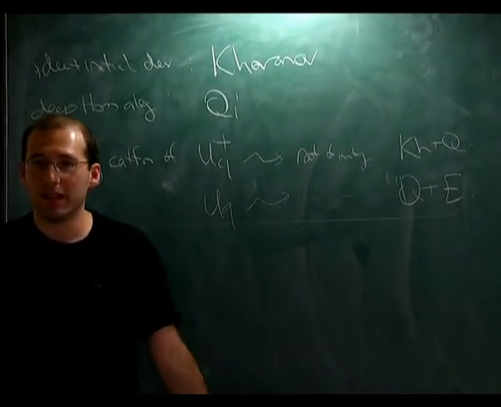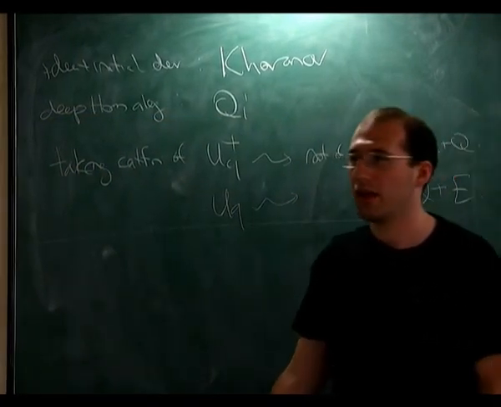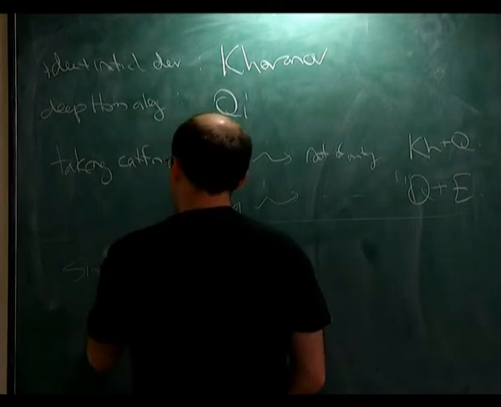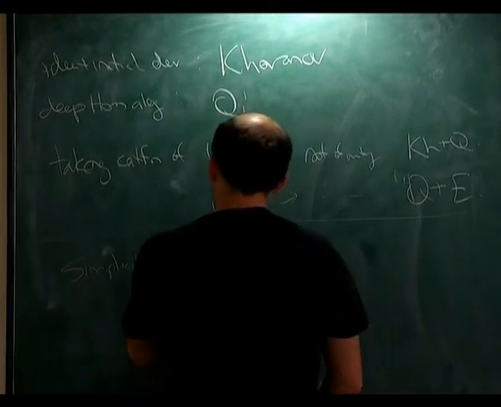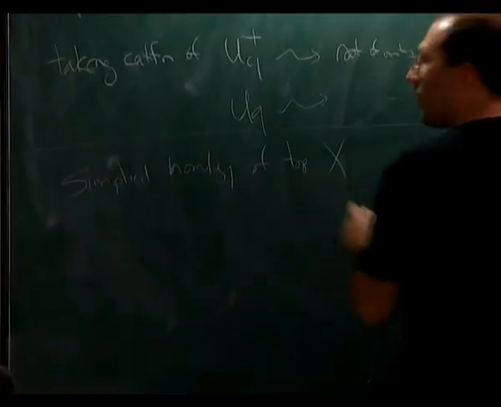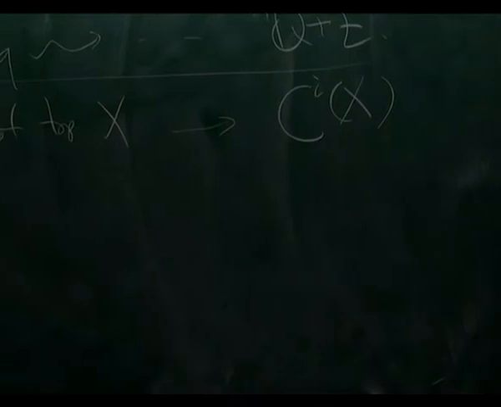Topology, right? Chain complexes, simplicial homology. So when you originally do simplicial homology of a topological space X, what you construct are these complexes of simplices or dual simplices. And you can construct these face maps.